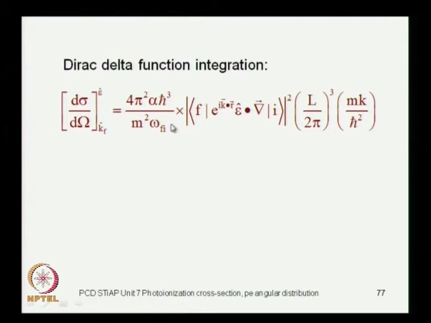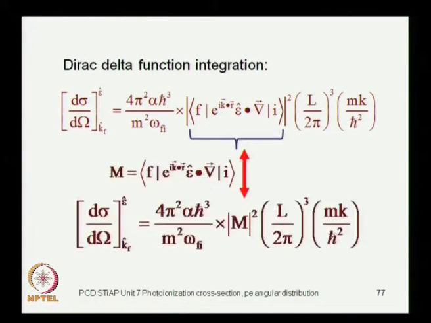So, I am now putting a subscript on this omega, which is coming from E equal to E Fi, and then you have some of these additional terms. So, this is the expression for the differential cross section per unit solid angle, and it already takes into account the augmentation due to the additional number of states which are degenerate with respect to energy at which photoionization is under consideration.